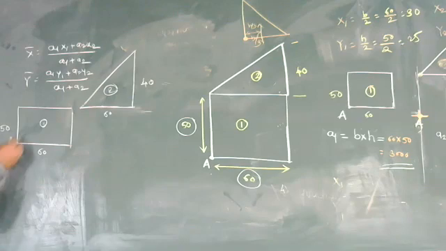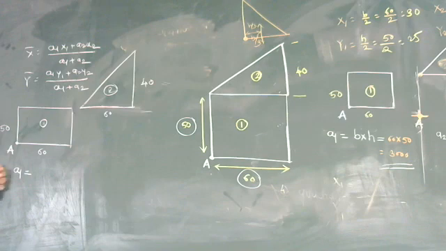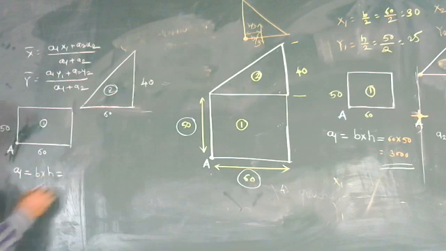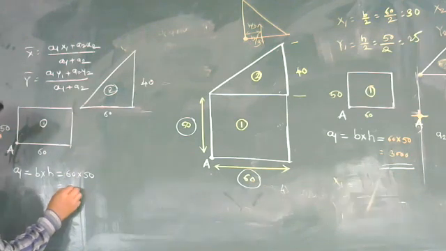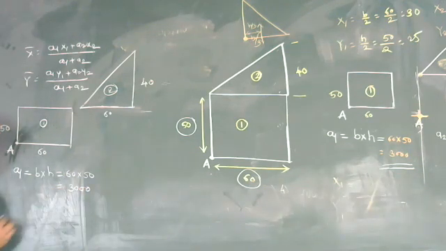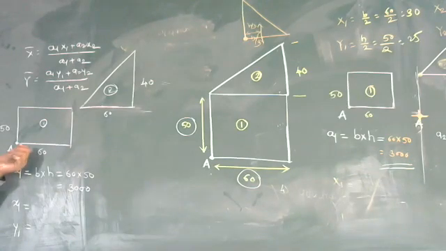So we will find out A1, which is nothing but area of a rectangle. Yesterday we have found out this. A1 is equal to B into H is equal to 60 into 50 is equal to how much? 3000. Then X1 and Y1 we are required to find out. Now, what is the formula to find out centroid of a rectangle? Rectangle का centroid find out करने का formula क्या होगा?